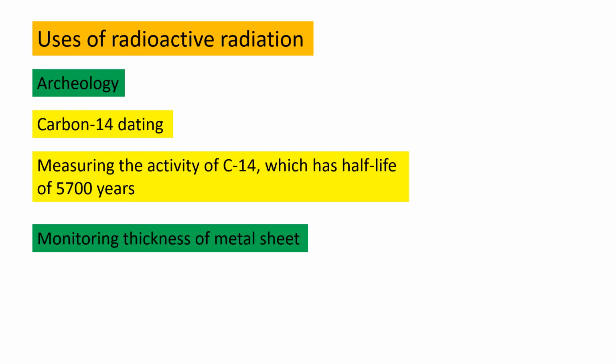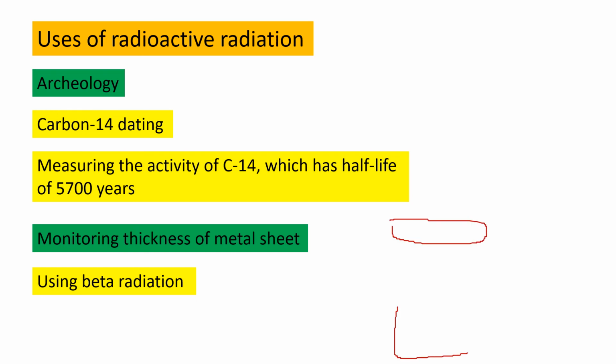Two, we use radioactive radiation to monitor the thickness of metal sheet. Using beta radiation, you basically control it to make sure that it's not too thin, to a point that the beta radiation can pass through. The machine will have 2 plates, one is the sensor, one is the emitter.